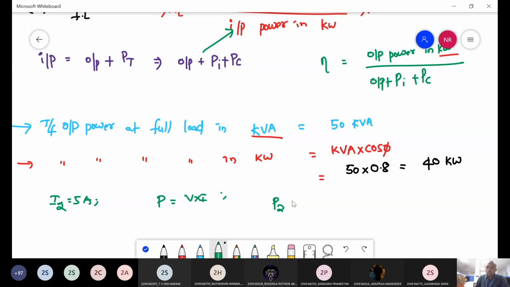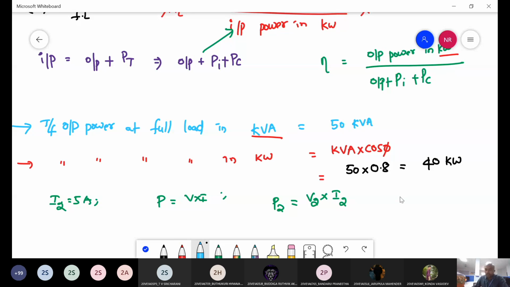Then if you assume, P2 is equal to V2 into I2.